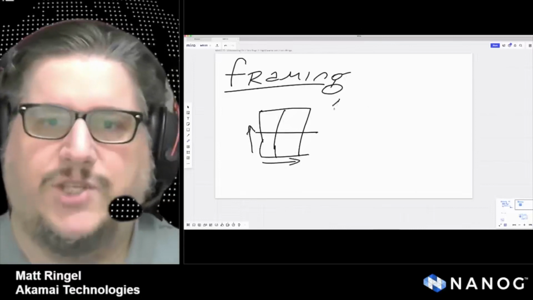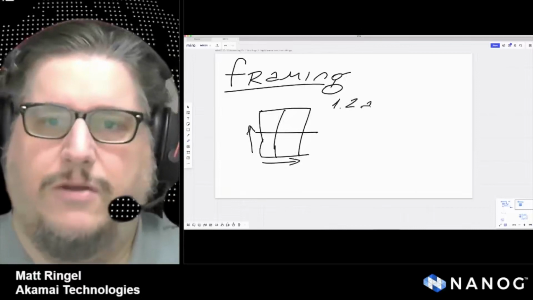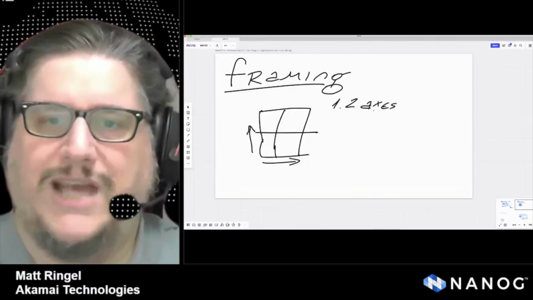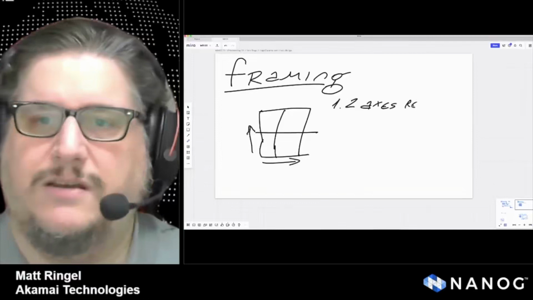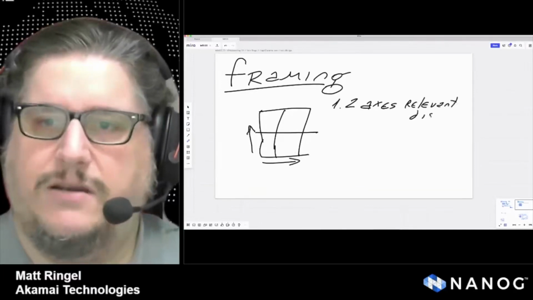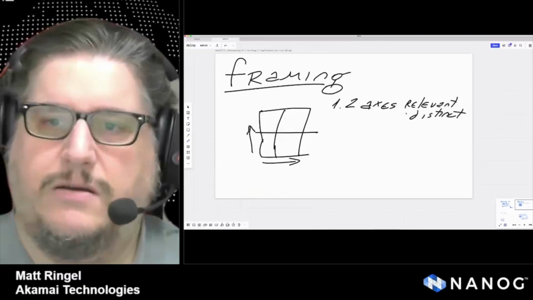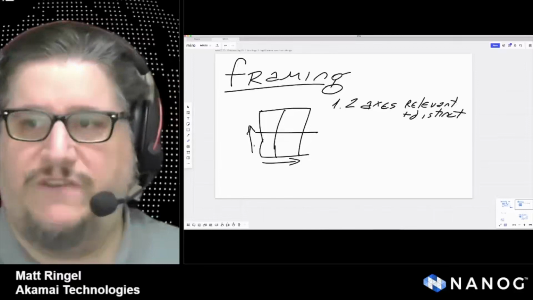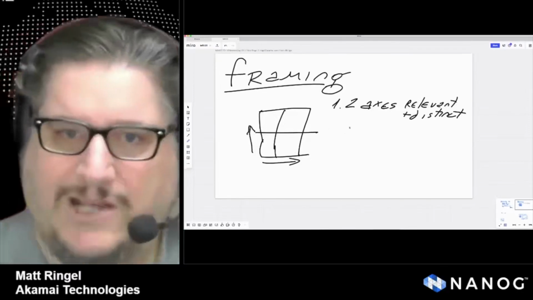And so first thing is, there are 2 axes. And more importantly, those axes are relevant and distinct. Not only do we care about them, but we know that they're sufficiently different from each other that we can put them on 2 separate axes.